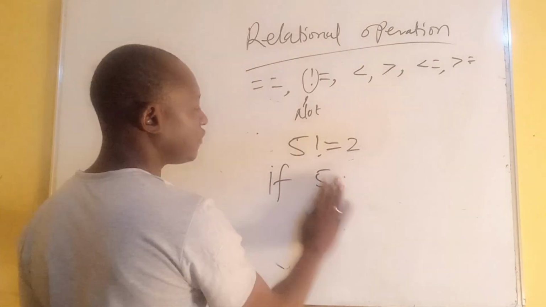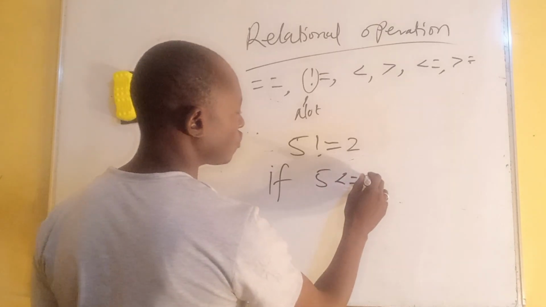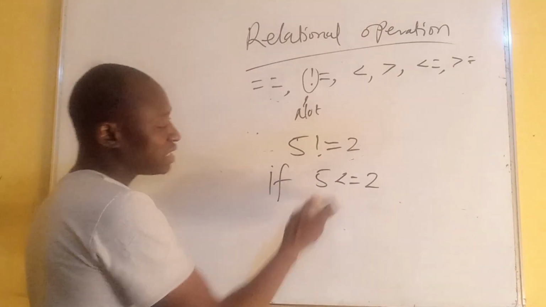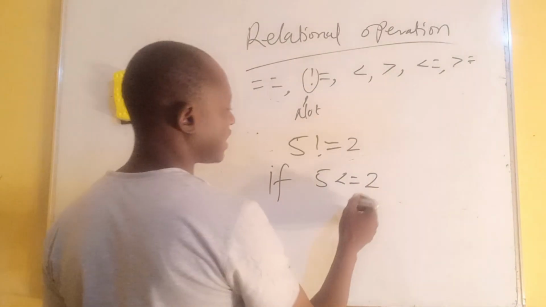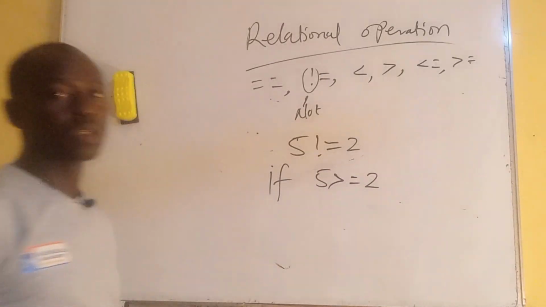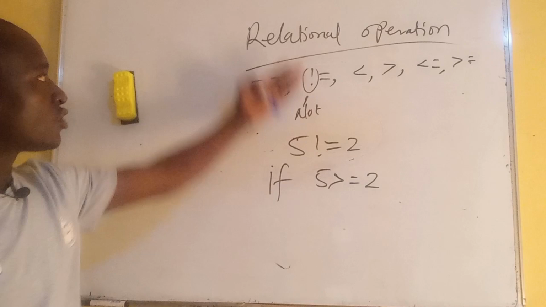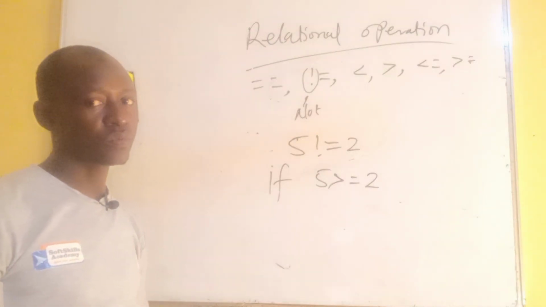Let's assume if 5 is less than or equals to 2, you see, this statement is definitely false, right? But assuming you say 5 is greater than or equals to 2, this statement is definitely correct. Then some statement will follow. So this is how you use your relational operations or operators.